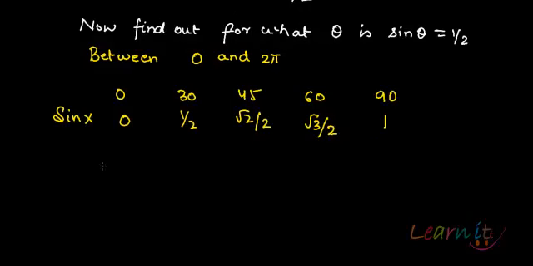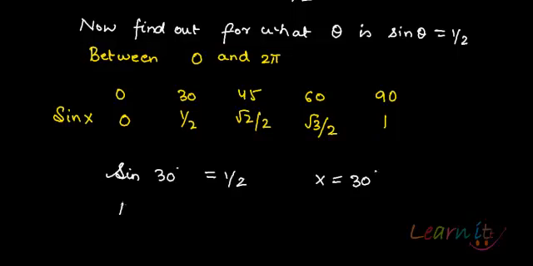Okay, so that means that when the angle between 0 and 90 is 30, you have the value sin 30 degree equals half. So that would give me that x equals 30 degree, or pi by 6.